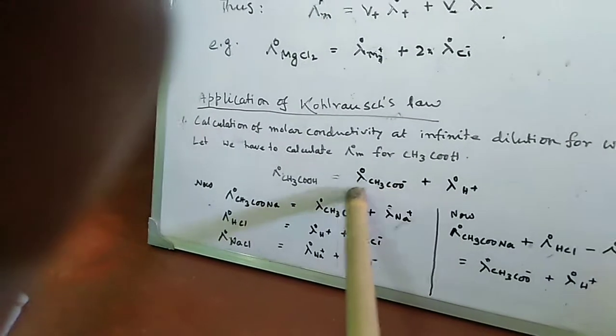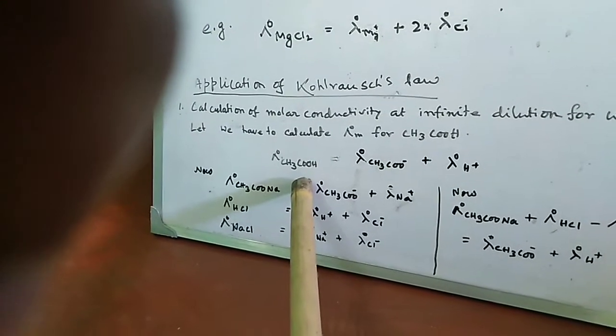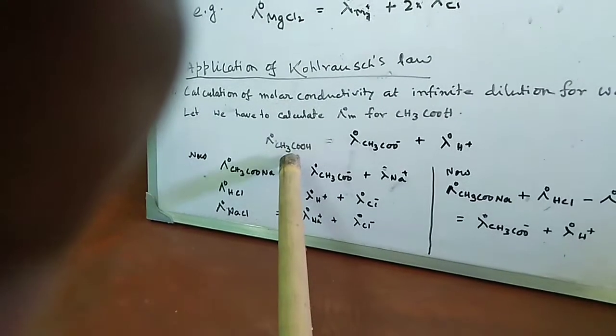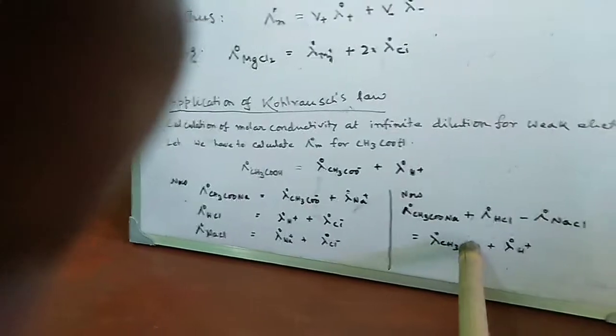That means we get the molar conductance of CH3COOH at infinite dilution, not by the direct way but the indirect way of using Kohlrausch's law.